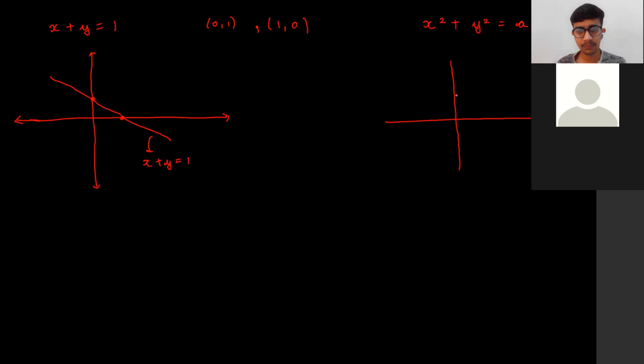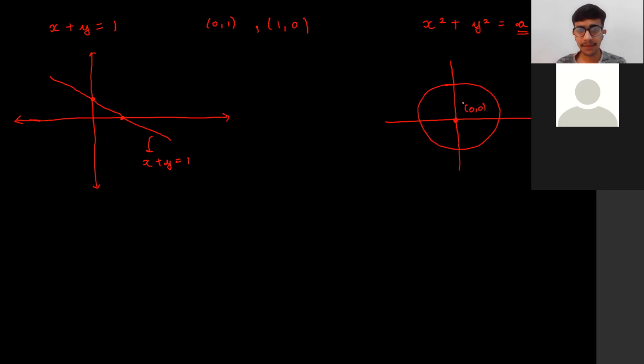So basically, the term on the right side which is squared, this a represents the radius. Okay. So this is our circle, and this particular thing is the center 0 comma 0.